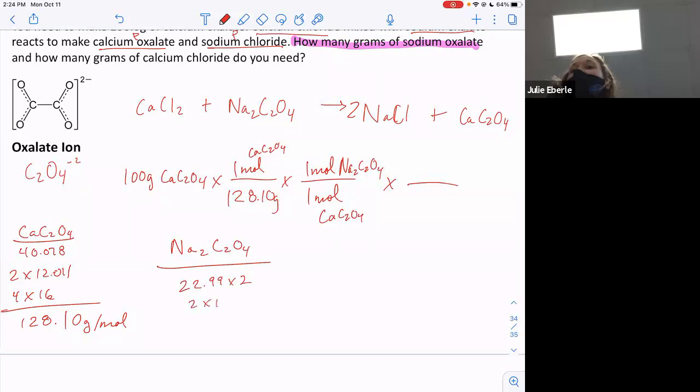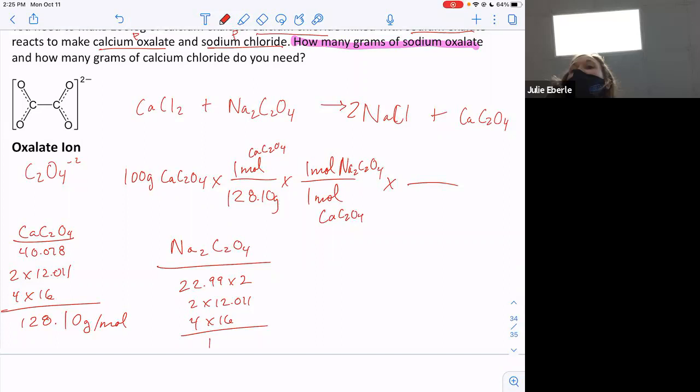And we've got the 2 times the 12.011, and the 4 times the 16. 63 and 64 is 127. Anybody got it? It's more, like 150 something. Okay, 63 plus 24, 87 plus 64. 134.